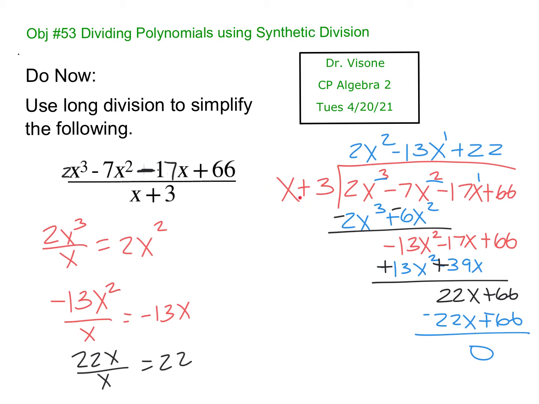When we divide x cubed by x, we get an x squared. X squared divided by x gives us an x to the first. X divided by x gives us a 1. So if you think about that, we really don't need the x's. We can do this a little faster and easier without having all the x's in the problem.